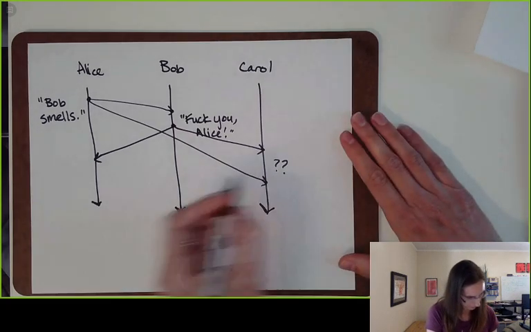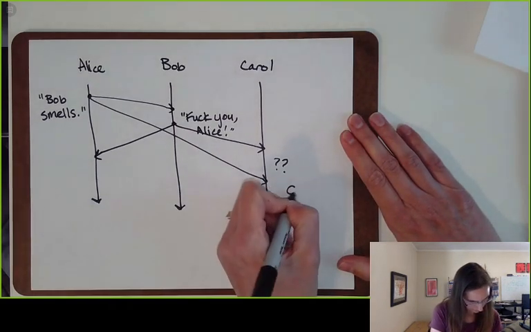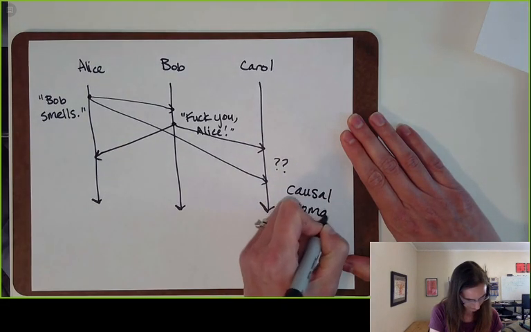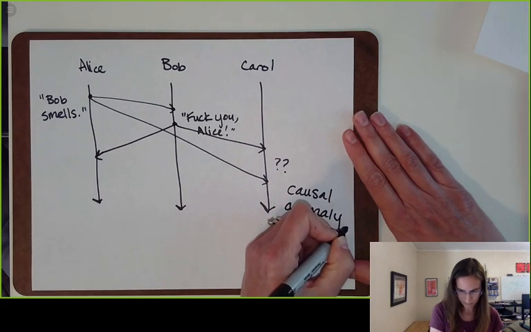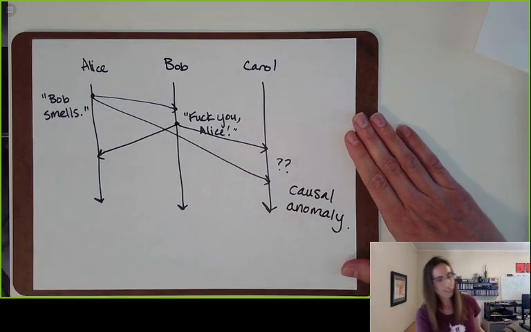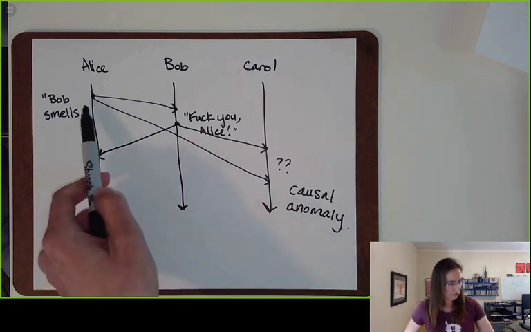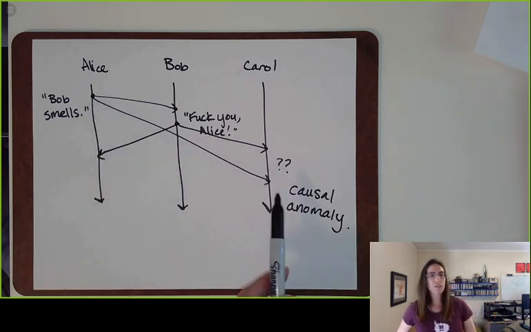This is what's known as a causal anomaly. Generally speaking, anomalies are things that make you go, huh? And Carol is certainly saying, huh, in this case. So we're going to talk about how we can use the concept of happens before to rule out anomalies like this. By the way, why did this Bob smells message take so long to get to Carol over here?